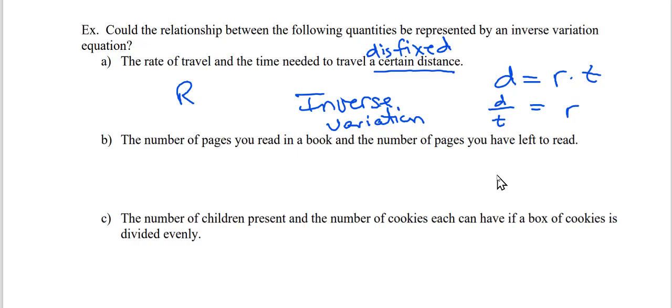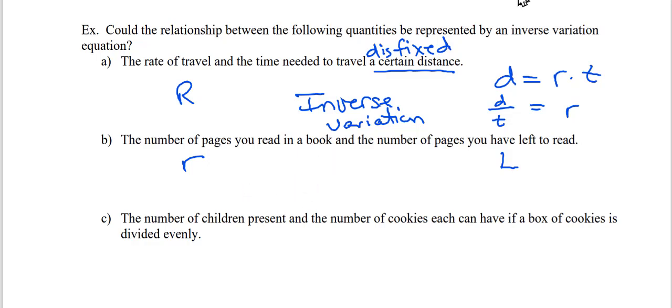The number of pages you read in a book and the number of pages you have left to read. Well, let's say the number of pages you read in a book is R, and what you have left to read is L. It might be easier to see it this way.